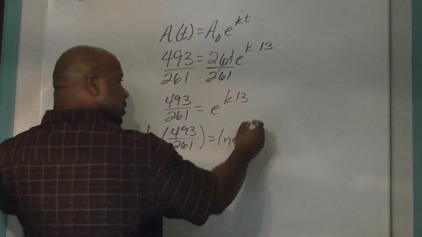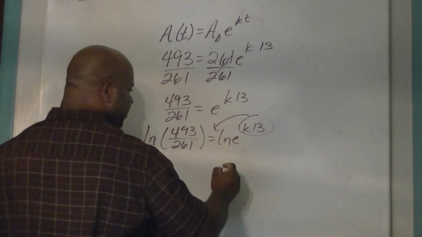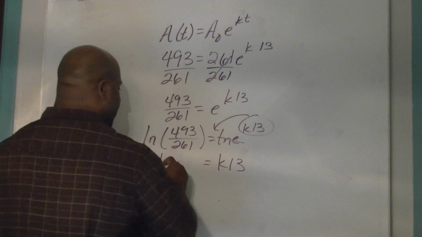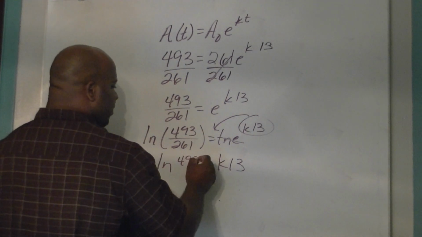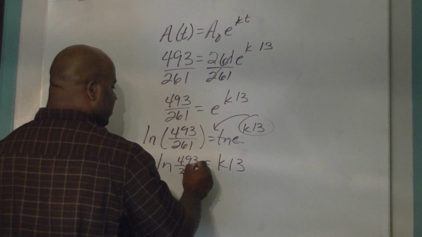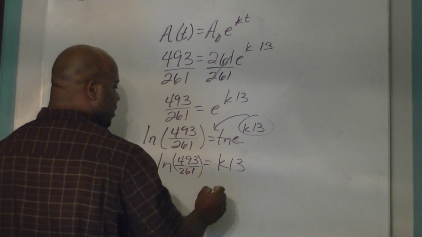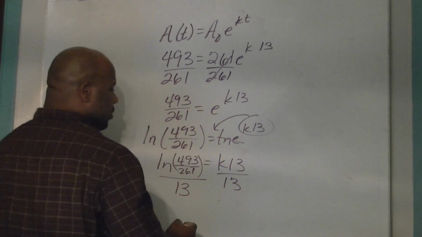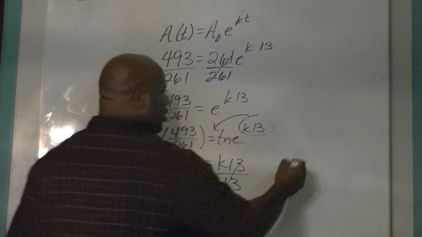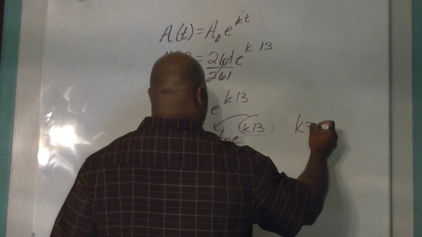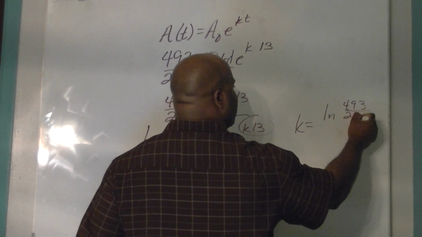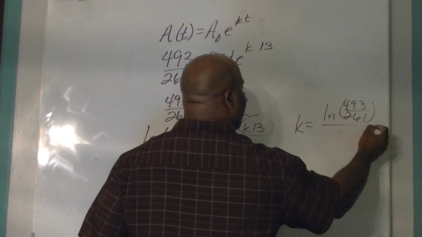Okay, and we're going to take this k times 13, we're going to move it in front. And that's going to go away, so we got k times 13 equals ln 493 over 261. And then we divide by 13. Okay, it's going to go away. Then we got k equals ln 493 over 261 divided by 13.